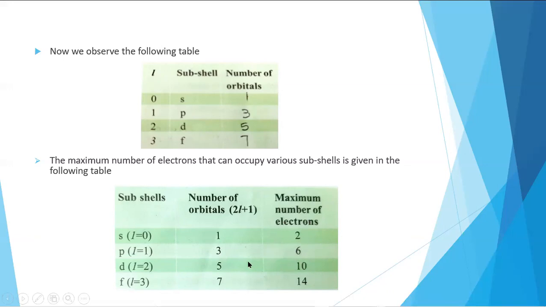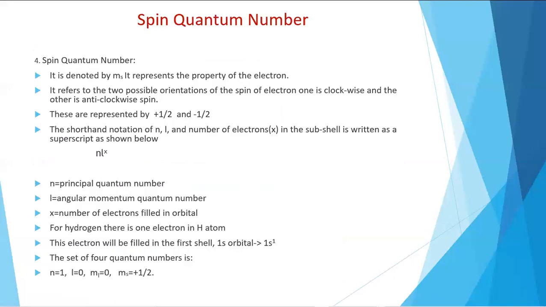So the principal quantum number, the angular momentum quantum number L, and the magnetic quantum number describe the shells, subshells, the maximum number of electrons, as well as the orbitals. Another quantum number is introduced to pinpoint the position of the electron, that is the spin quantum number.